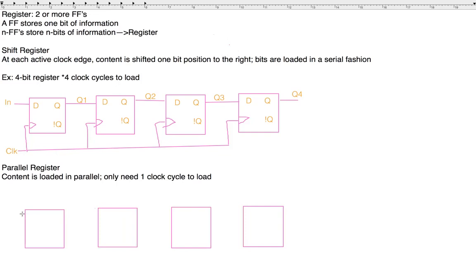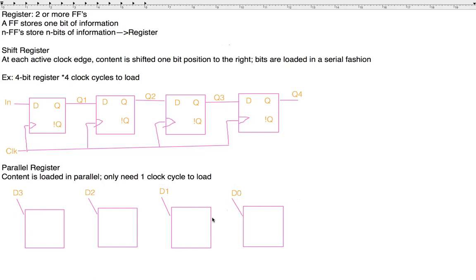Remember I told you guys how the info comes into each individual one here. So I'm going to have the info come in here, info come in here, info come in here, and info come in here. It has to go to each individual one. And so this would be D3, let's call it, D2, D1, D0.